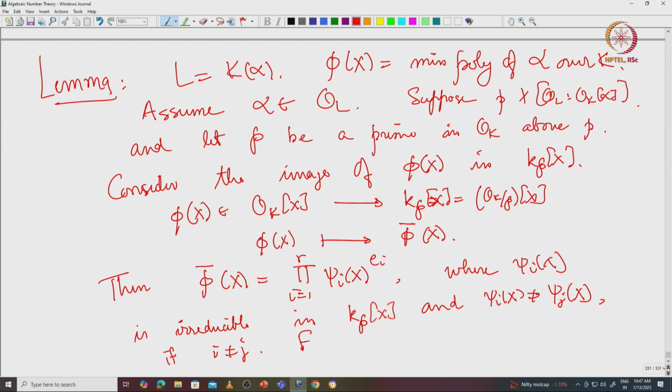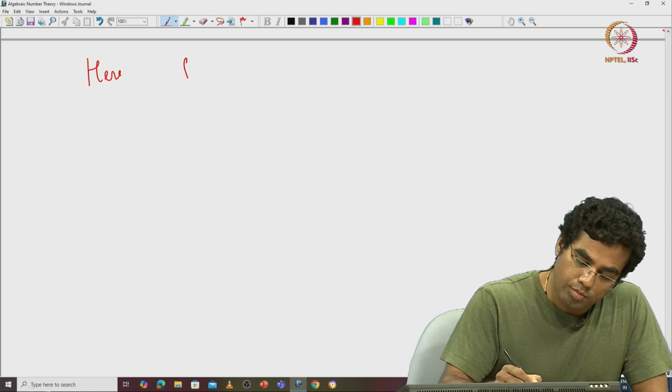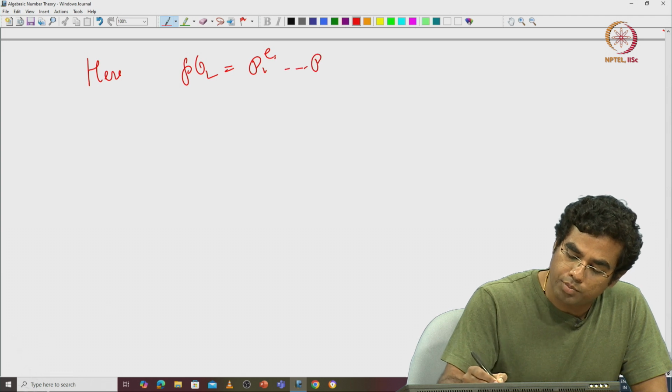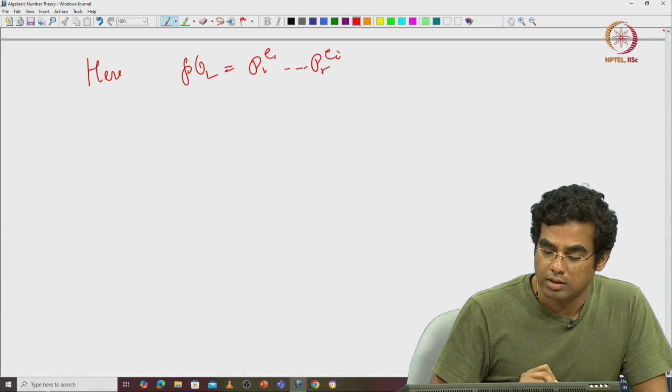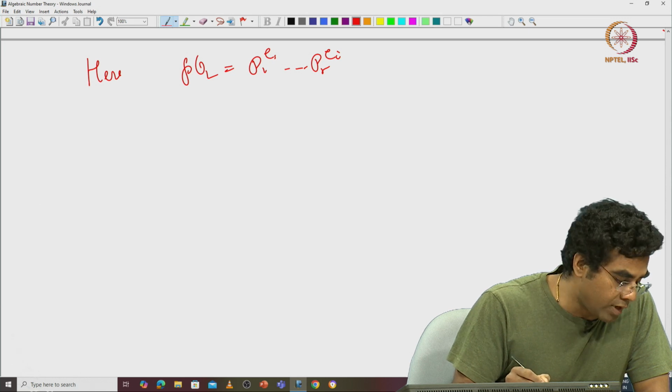Further, we can also say a little more about its degree. So, the degree of psi_i(x) is equal to f_i. Here, of course, the e_i's and f_i's have the meaning that we had before. Here, φ(x) is p_1 to the e_1 up to p_r to the e_r, that is one thing. Moreover, what we have is the following.